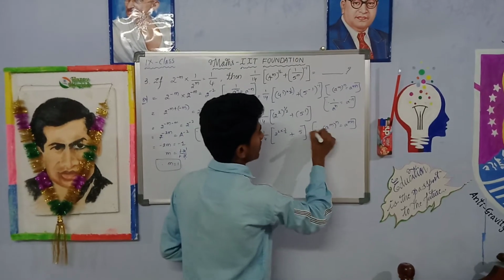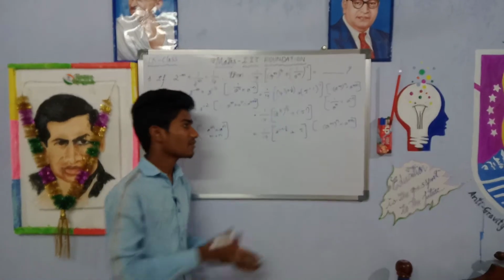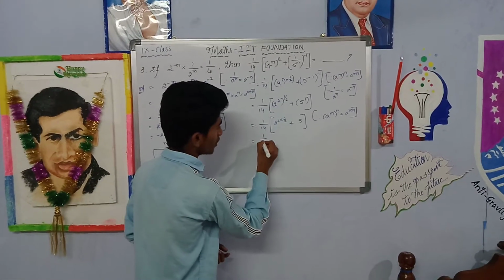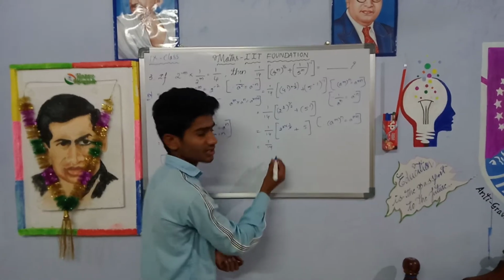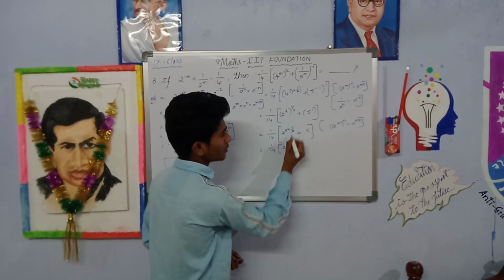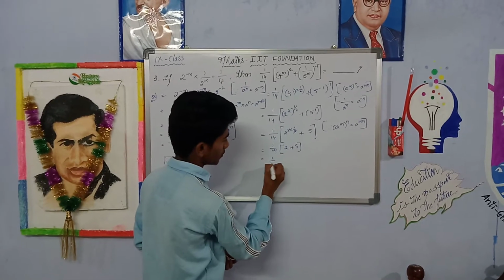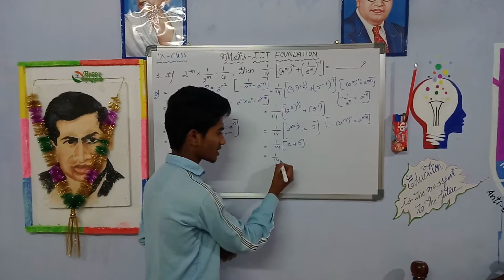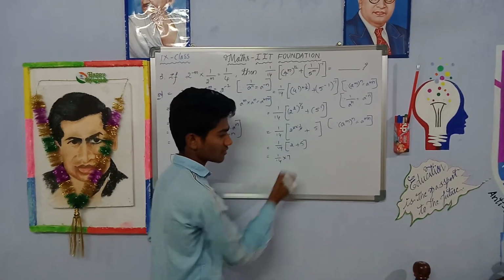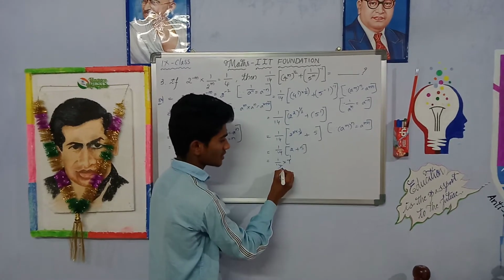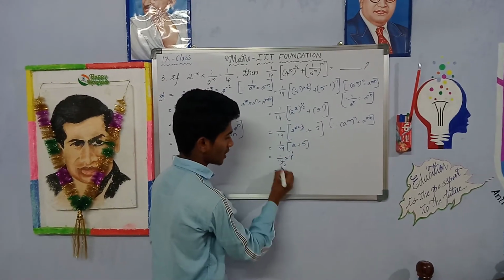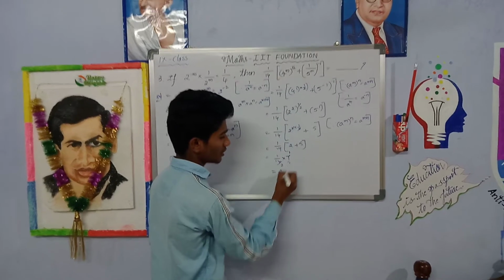So we must write which law we have used. Now 1 by 14 [2 power 1 is equal to 2, plus 5]. This bracket means multiplication, so 2 plus 5 is equal to 7. 7 ones are 7, 7 twos are 14, so 1 into 1 is 1, and 1 into 2 is 2, giving 1 by 2.